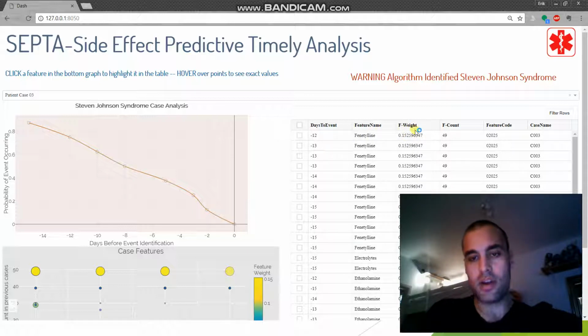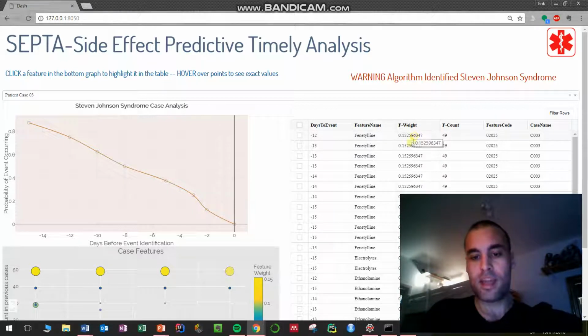So the higher the weight, the more important it is in a given prediction. The feature count is the number of times a particular feature has occurred in previous cases. The feature code may refer to the ICD code for diagnostic codes, ATC for medications, and MPU for clinical measurements.